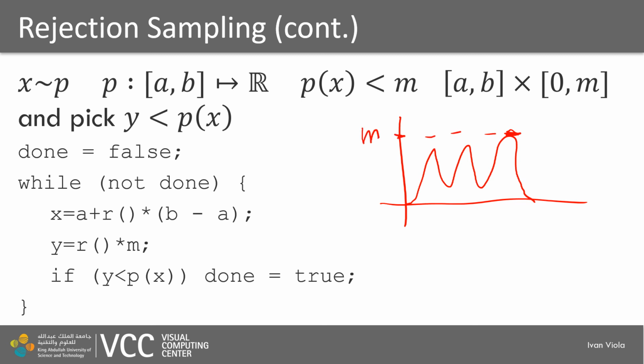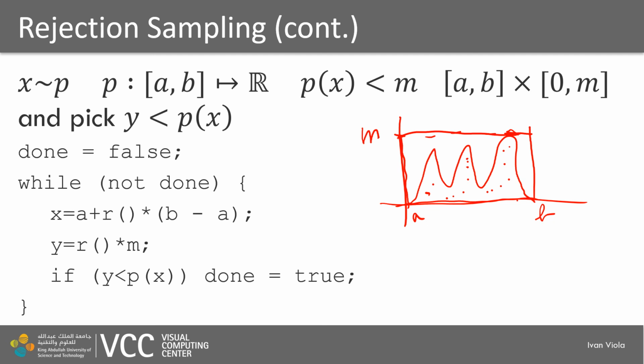This will be the value m. So for our probability distribution between A and B, let's call this A and this B, we can form a rectangle and perform a uniform sampling of this rectangle, and then pick only those samples which are under our curve defined by the probability density function p(x).